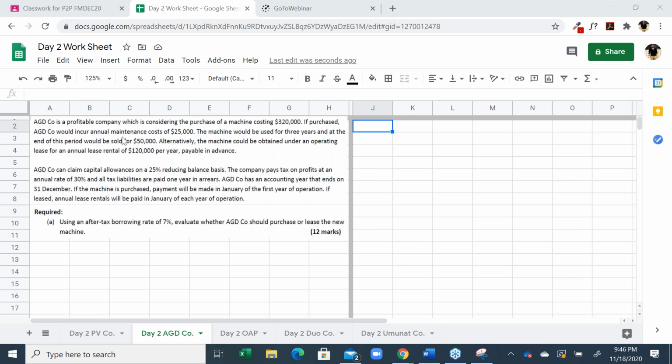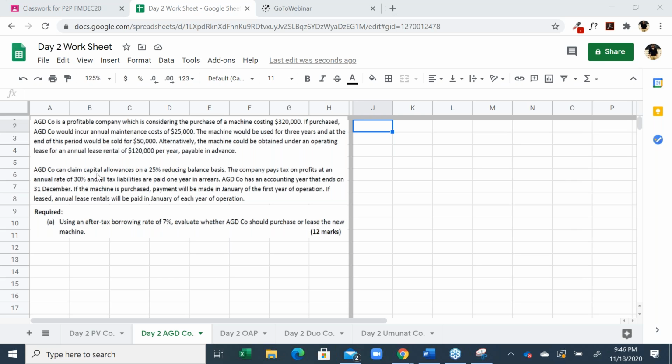And now since it's saying that if you buy this asset, you have to bear the maintenance cost, right? So this maintenance cost will be irrelevant if in case of lease, even we have to bear this cost, then it will be irrelevant. But if in case of lease, we don't have to pay this cost of maintenance, then it will be relevant. The machine would be used for 3 years, and at the end of the period, this will be sold for 50,000. Alternatively, the machine could be obtained under an operating lease for an annual lease rental of $120,000 per year, payable in advance. Okay.